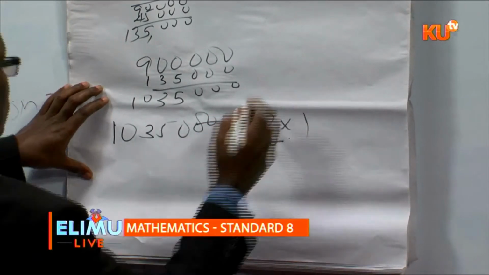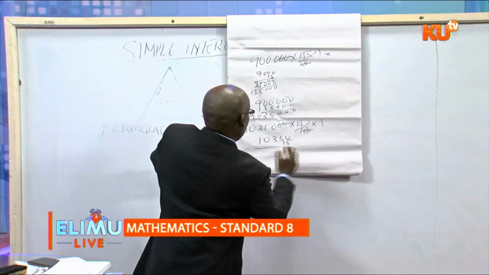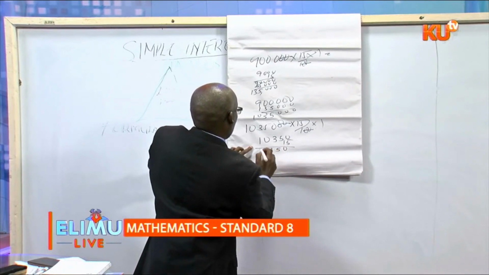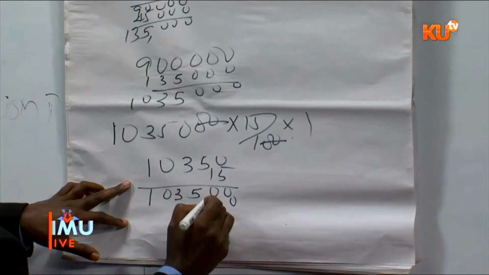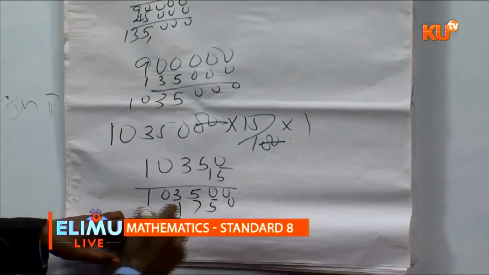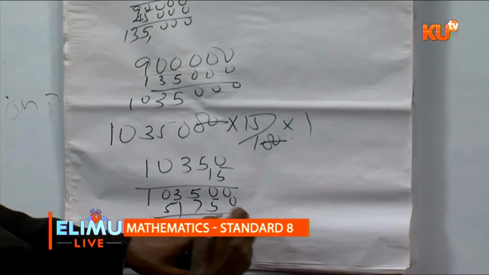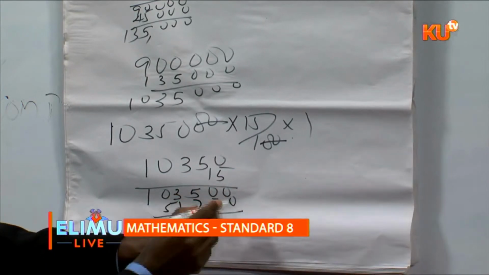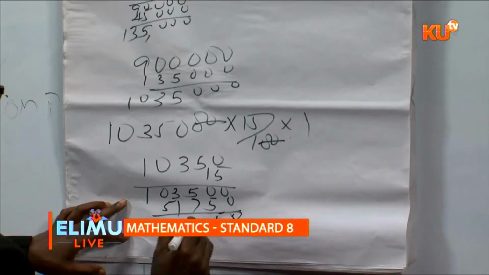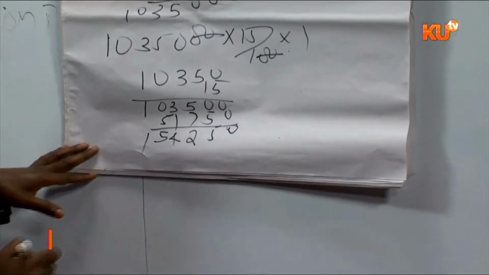Let's see. 10,350 multiplied by 15. Hope I got it right. 0; 25, carry 2; 17, carry 1; 5.